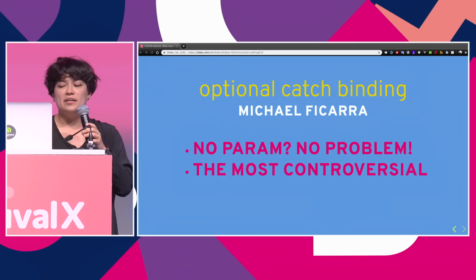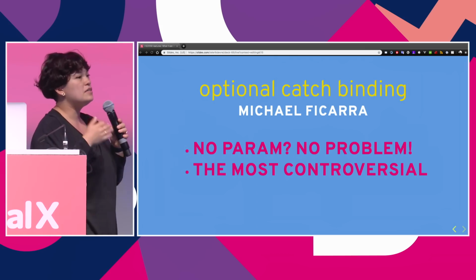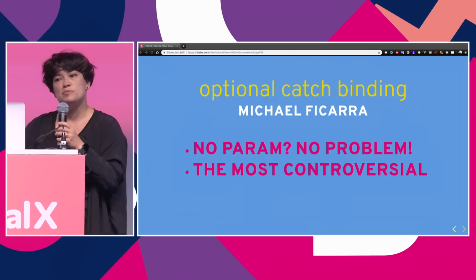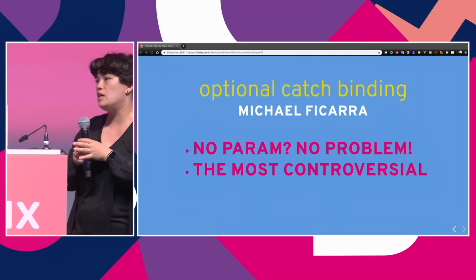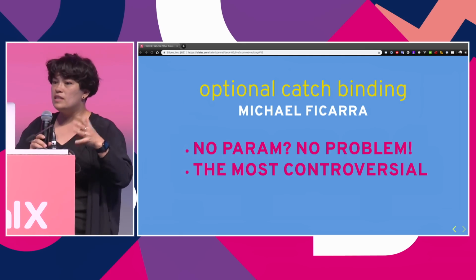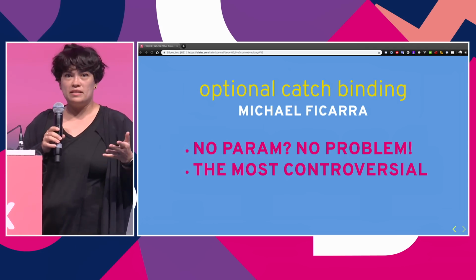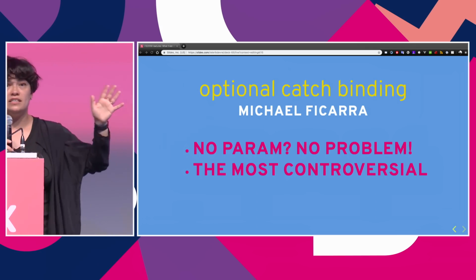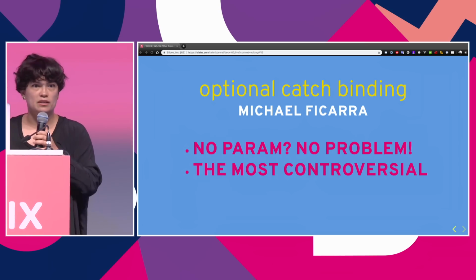And a lot of people were using this and throwing it away, because it would cause an error if you didn't have this parameter. A common use case for this is, say you're using JSON parse, and you know that it's going to throw an error if it's not JSON. But you don't care about the error, you just want it to parse anything that's JSON. So you throw it, you log it, you just don't think about it.